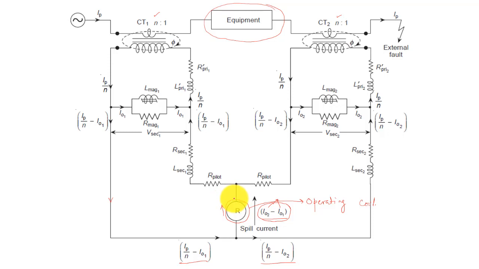When the through fault current is increasing, it will restrain more and more, that means it will give more and more opposing torque. Therefore this relay will not operate.